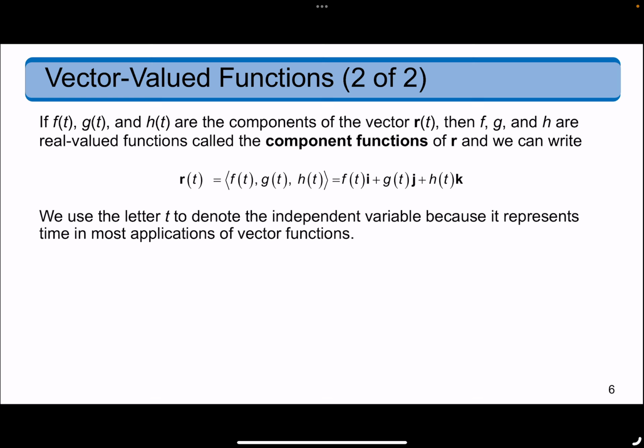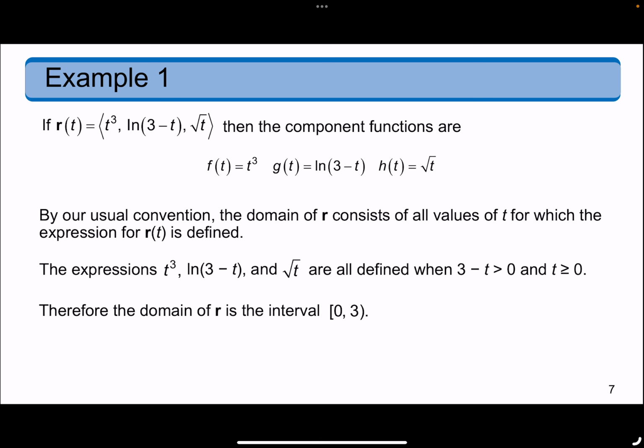Or we can express it in terms of unit vectors: f of t i, plus g of t j, plus h of t k. We use the letter t to denote the independent variable because it represents time in most applications of vector functions.